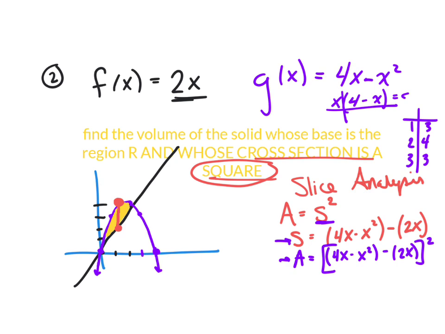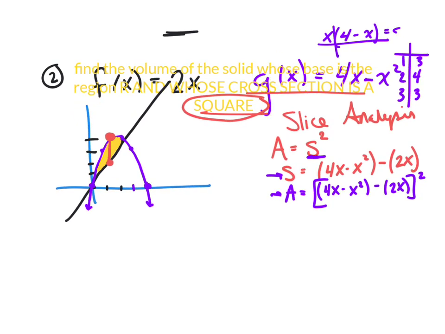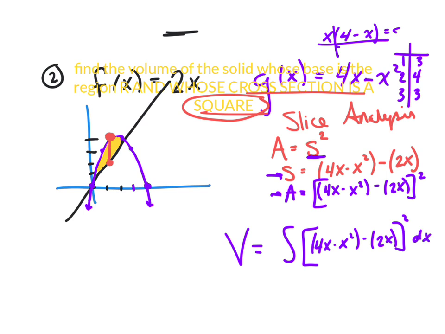And lastly, I just need to find the volume, and like I said, volume is pretty simple. Volume is just the integral of area. So my volume formula is going to be the integral from, I'll get my bounds in a moment, whatever I wrote for area, with my dx on there. And of course I got to get where these two things are equal to each other.